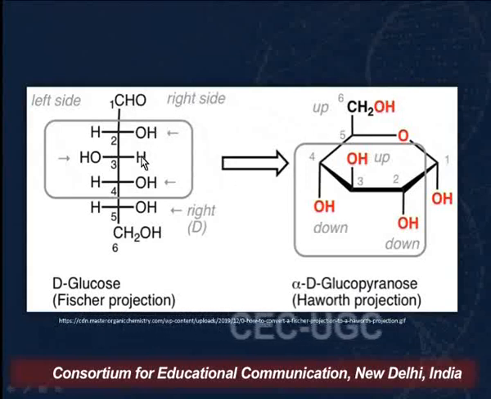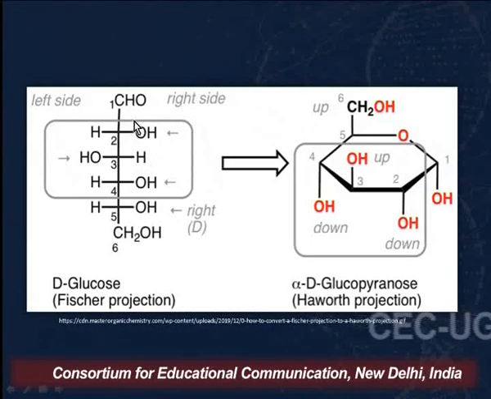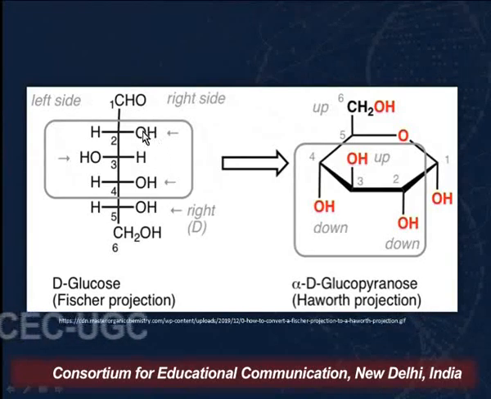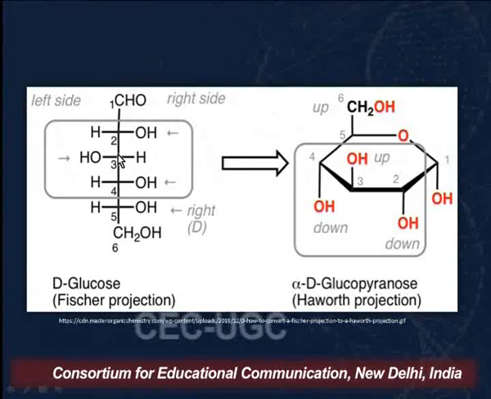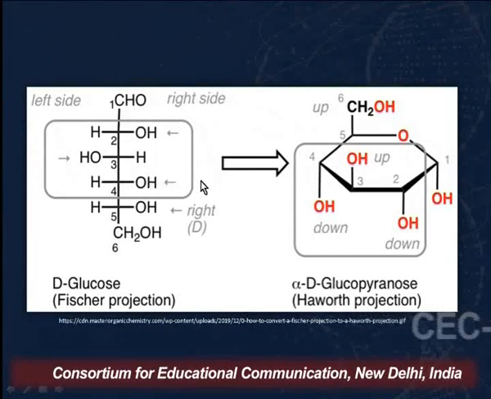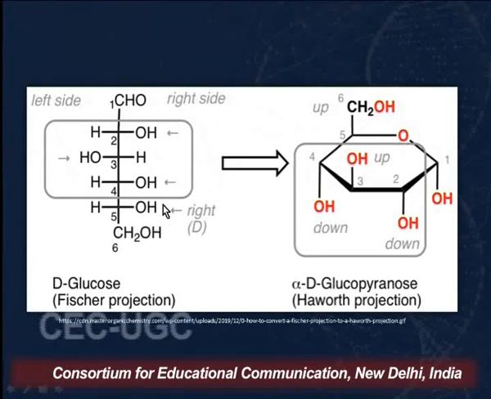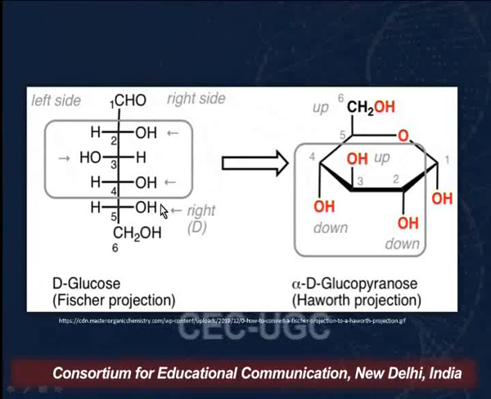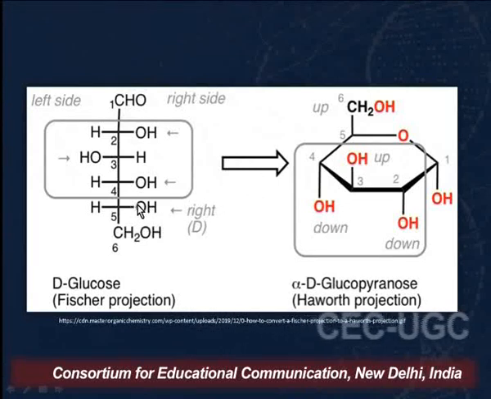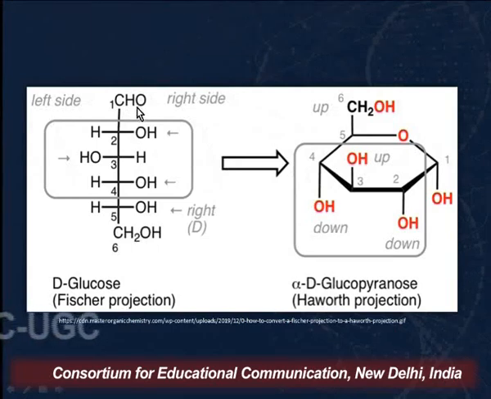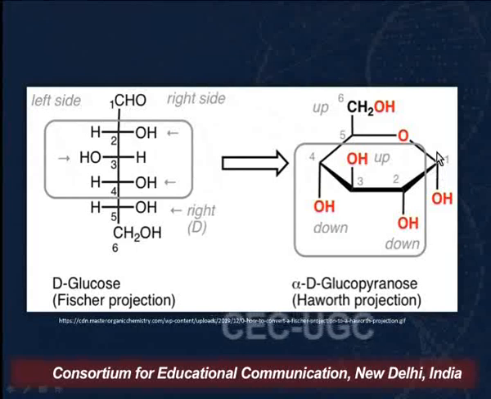So now if you look at the screen, at the slide which has been coming on your screen, this is the Fischer projection. In the Fischer projection, we find that these groups are on the right, that is the second, third and fourth chiral carbons, which we have to place on the pyranose ring. This OH is involved in ring formation, that is, it is acting as a nucleophile, reacting with the aldehyde group, and we are generating a new chiral carbon, which is this chiral carbon.